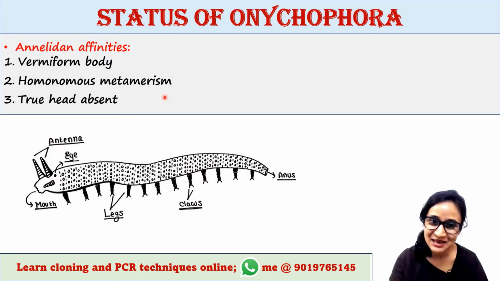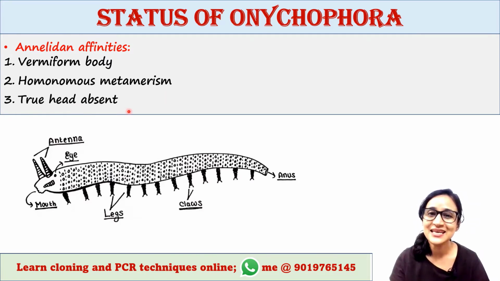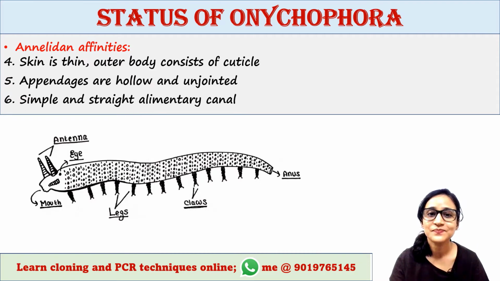Third, a true head is absent in these animals. The skin is very thin and the outer body consists of cuticle. Appendages are hollow and unjointed.